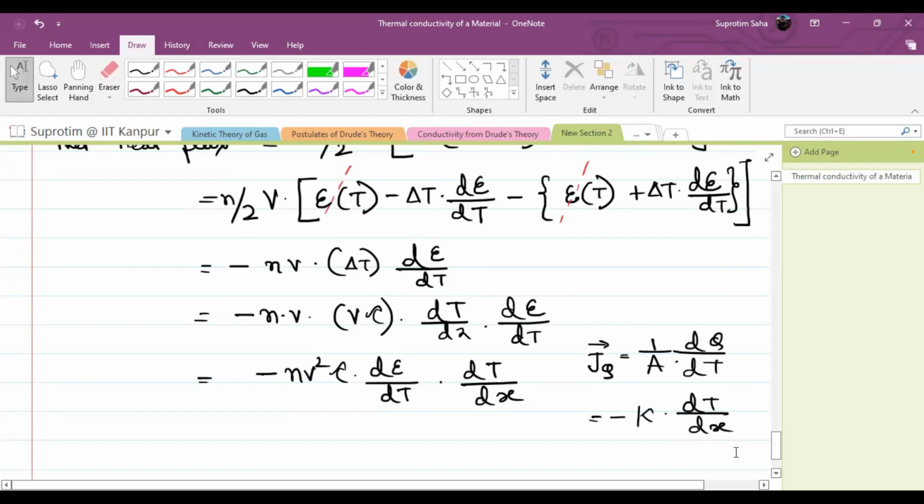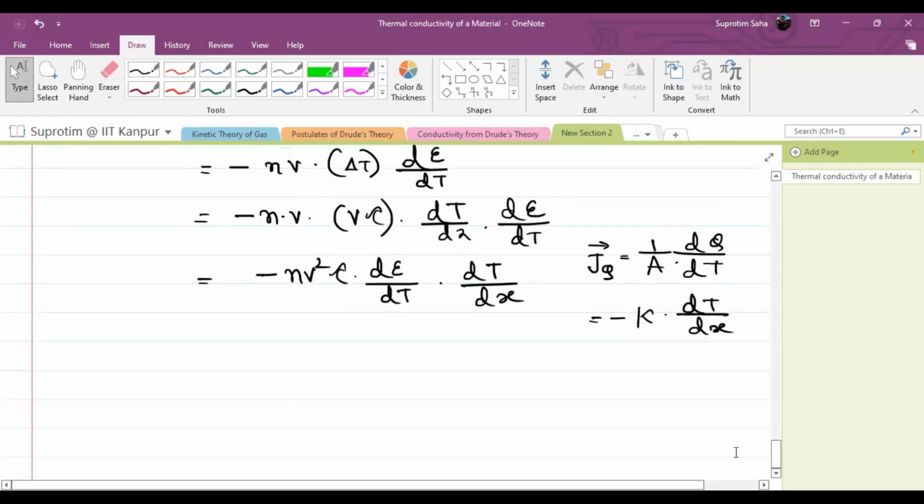The heat flow depends not only on the temperature difference, but also on the gradient of the temperature, the distance over which this difference in temperature is maintained. So this is your familiar form of kappa, which is kappa equals n v squared tau d epsilon/dT.